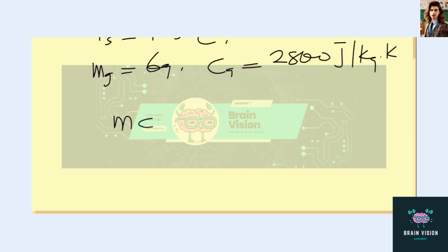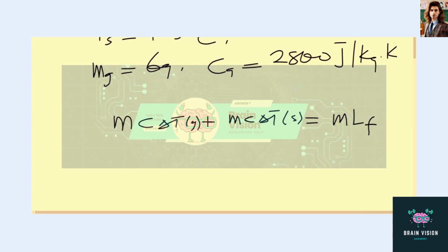So the heat lost by the glass is given as MC delta T, plus the heat lost by the sample, MC delta T. Let me differentiate that. This is for the sample, and this one is for the glass. It's equal to the latent heat of fusion of the ice times the mass. So you need to know that we are losing heat from these samples, causing this ice to melt.